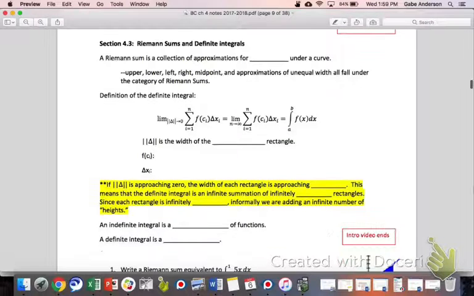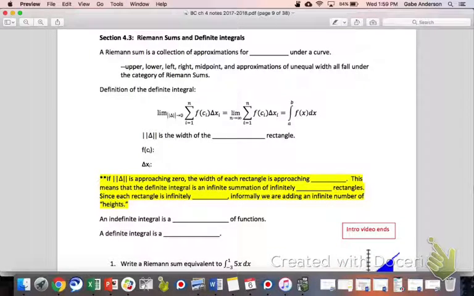So 4.3 continues the conversation about Riemann sums. But then we take the extra step forward to connect it with a definite integral. And that connection is quite important. I feel like you guys have already demonstrated that you get that connection, so that's great. So a Riemann sum is a collection of approximations for area under a curve.